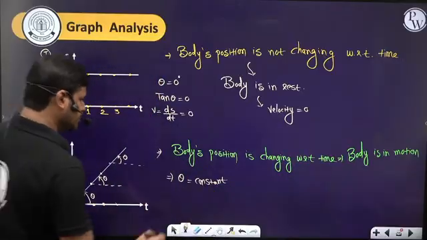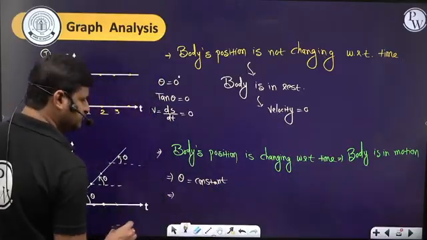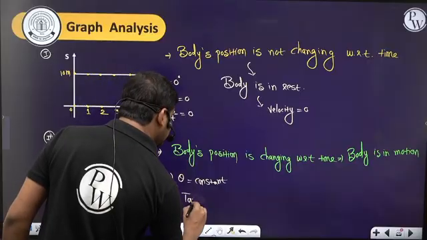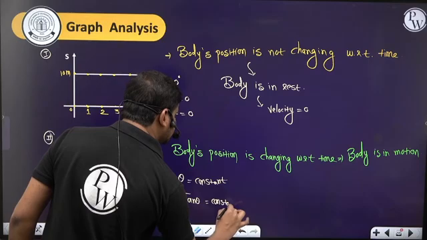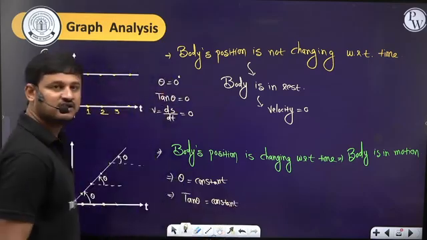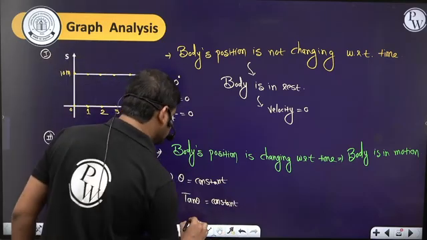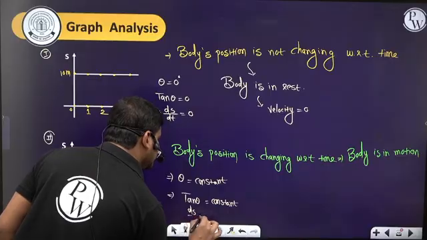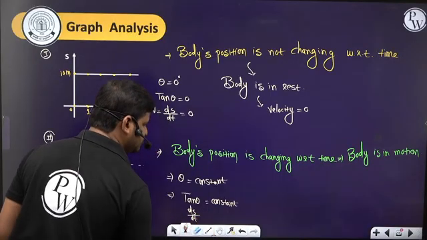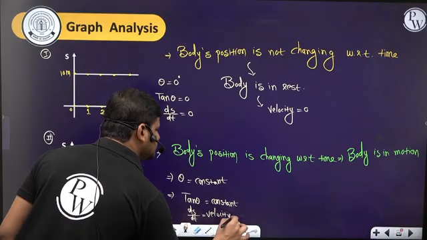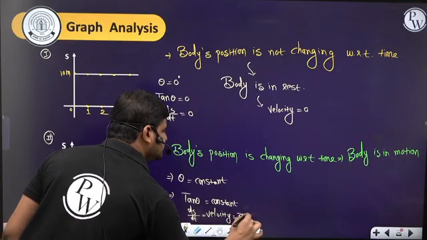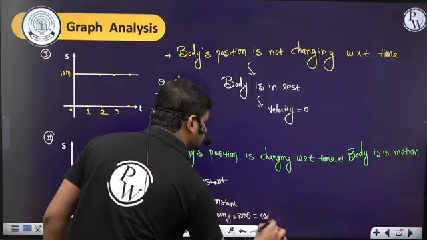Theta is constant. So if theta is constant, tan theta is going to be constant. Tan theta is nothing but ds by dt, which is velocity. So velocity equals tan theta, which equals a constant.